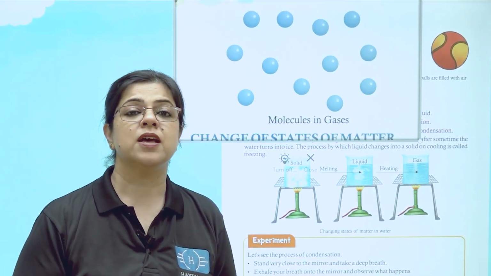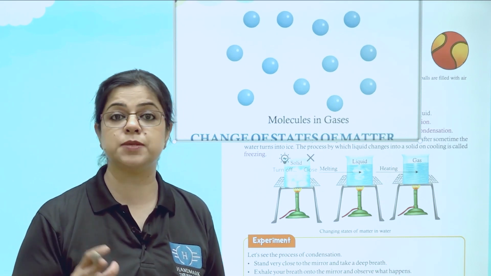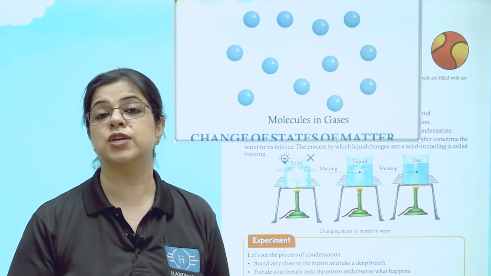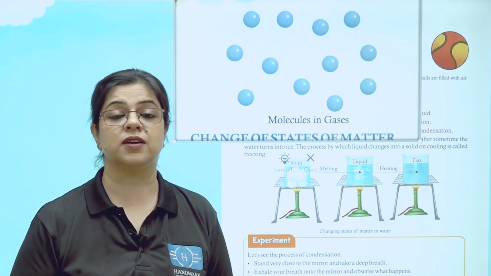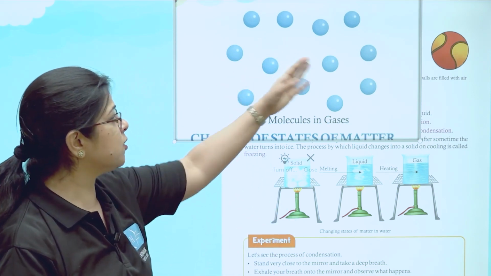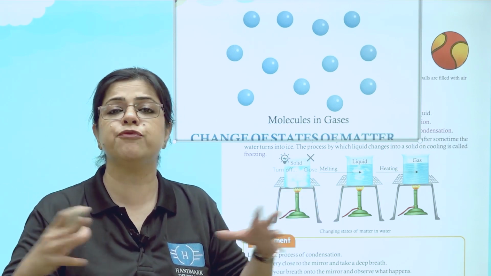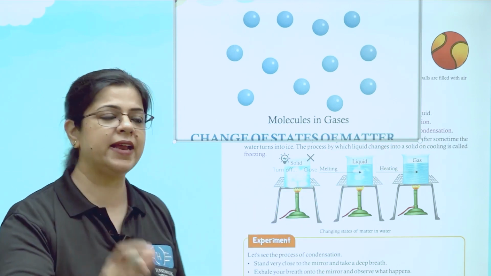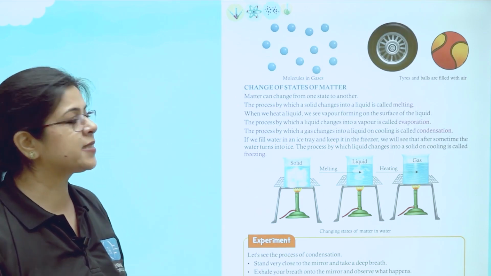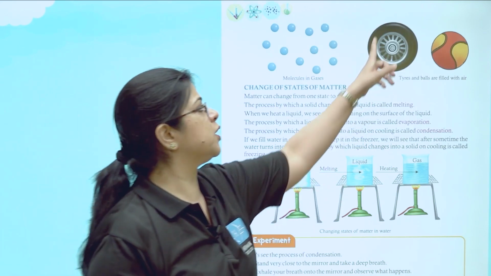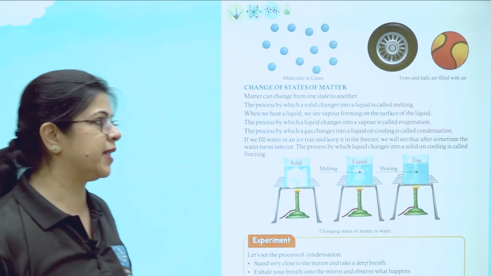An example is when somebody in your house applies perfume in one corner of the house, you can smell it at the other corner. This is because the molecular space in the gas molecules is very large. They can move freely from one place to another. Also, gases will take the shape of the object they are filled in.